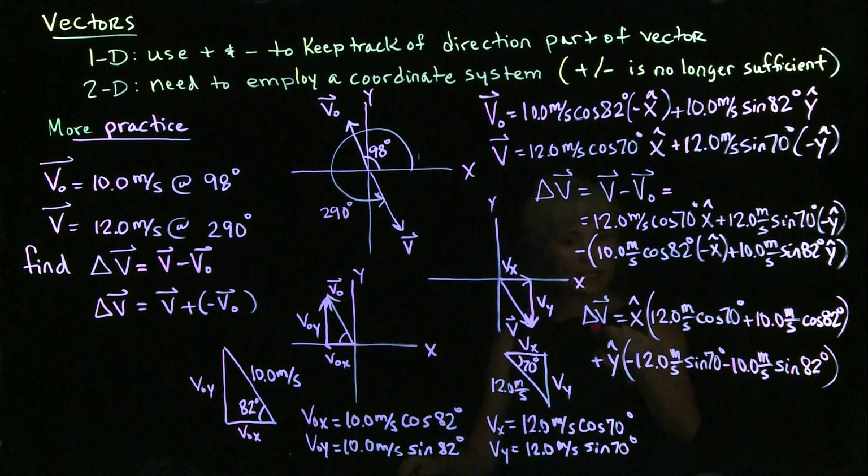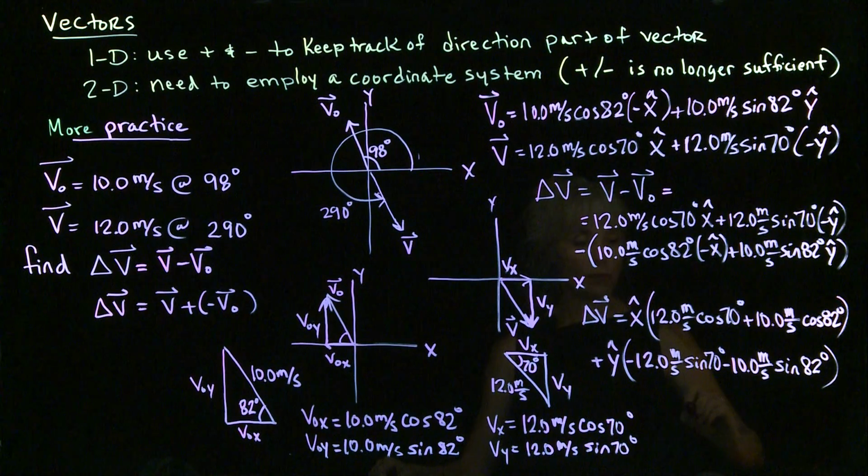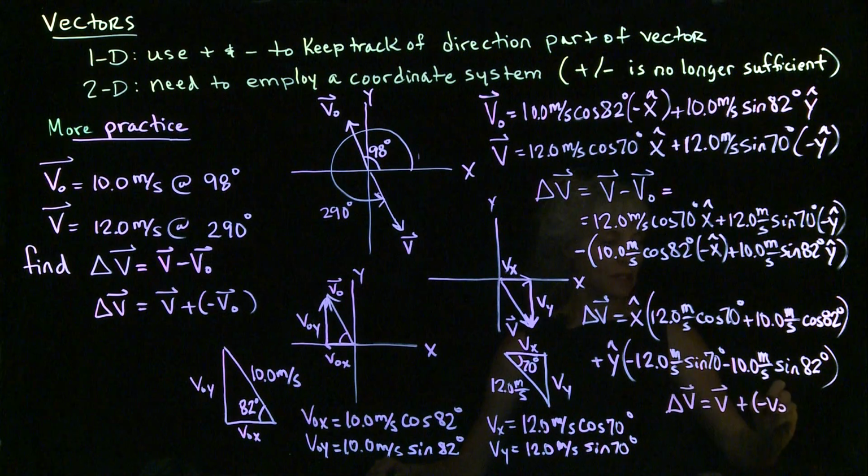You can see that delta V should have a positive x piece and a negative y piece by simply looking at what's in the parentheses here. And just graphically, if we were to find what V minus V naught is graphically, remember that I can represent delta V graphically as V plus a minus V naught.